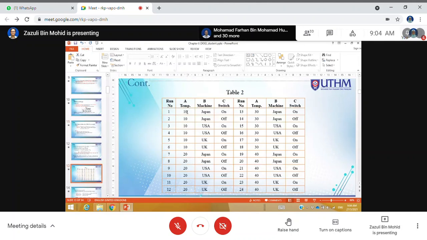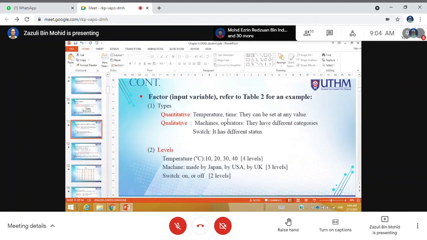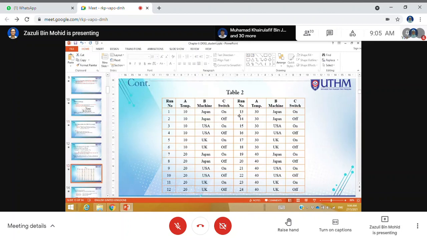Okay, temperature we have values here 10, 20, 30, 40, and also we have time. Okay, time. The time is like here. Run number 1, 2, 3, 4, 5 until 24.